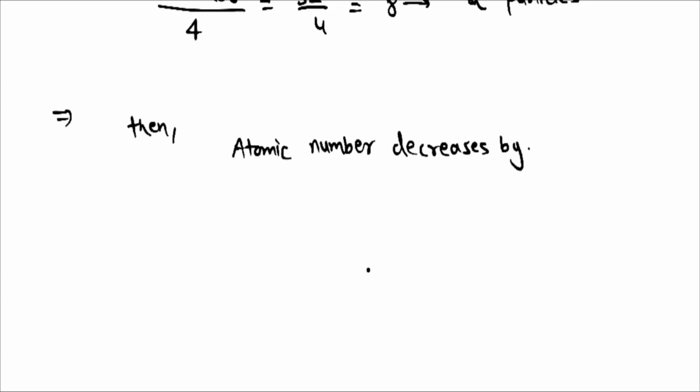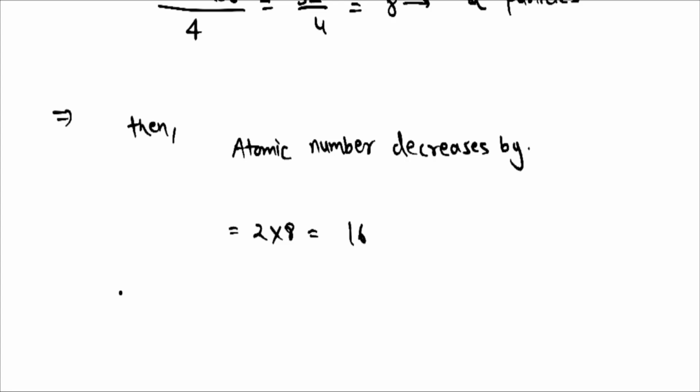So for 8 alpha particles emitted, it is 2 into 8, which means 16 is the decrease in the atomic number.